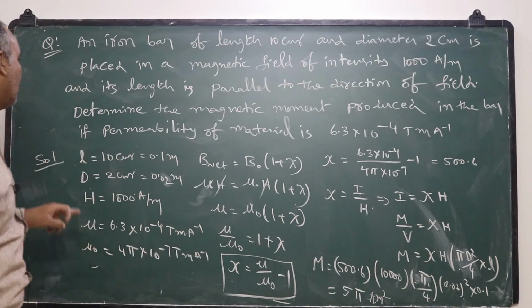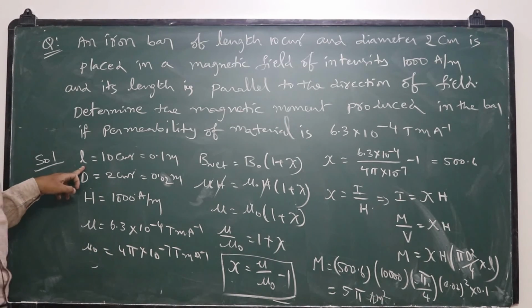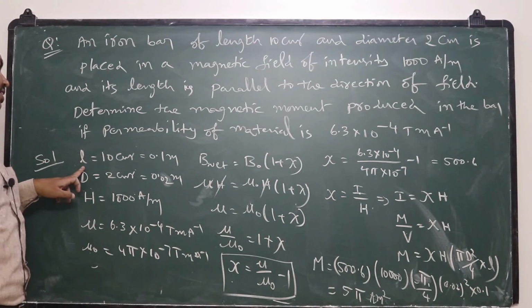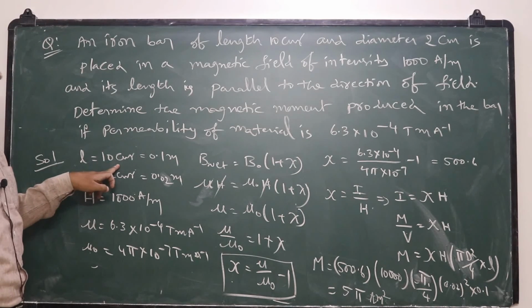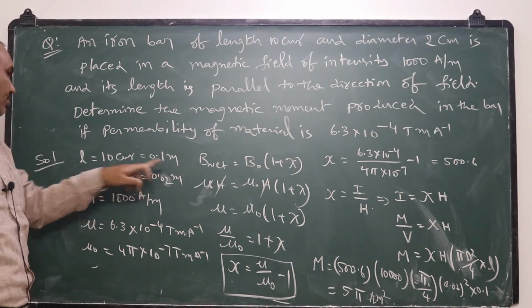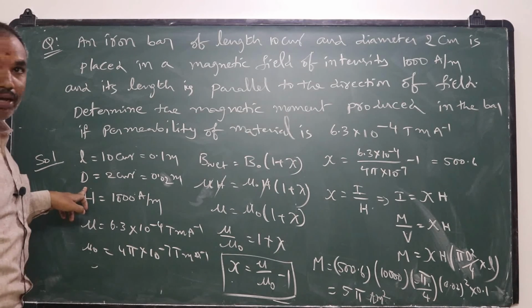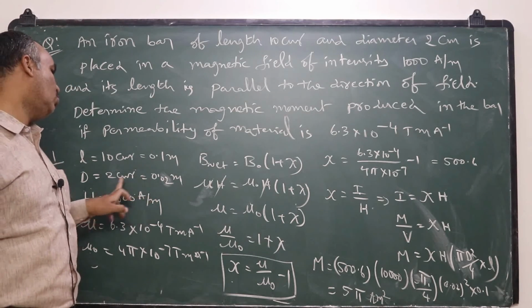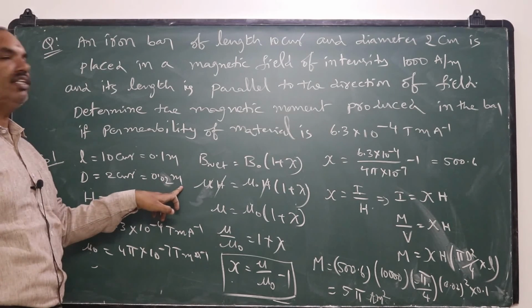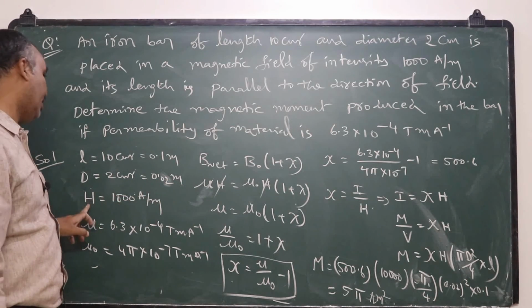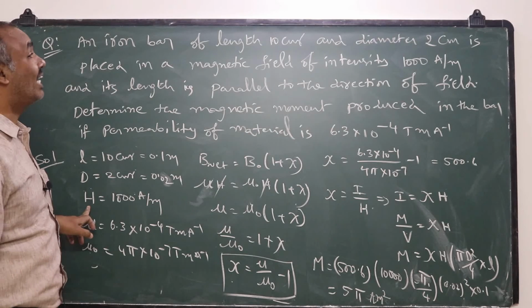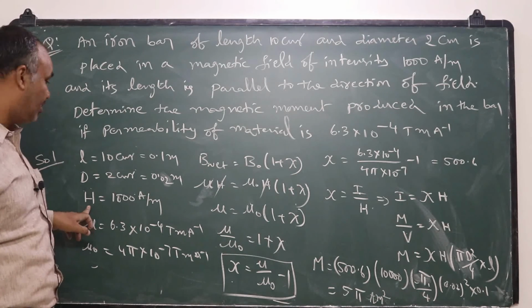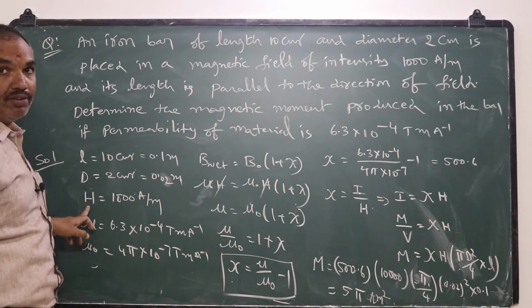As per the question, they gave the length of the iron bar as 10 centimeters, which means 0.1 meters. They gave the diameter, which means it is a cylindrical rod, and its diameter is 2 centimeters, nothing but 0.02 meters. Then they gave the magnetizing field intensity, that means the magnetic field given by the external magnet.